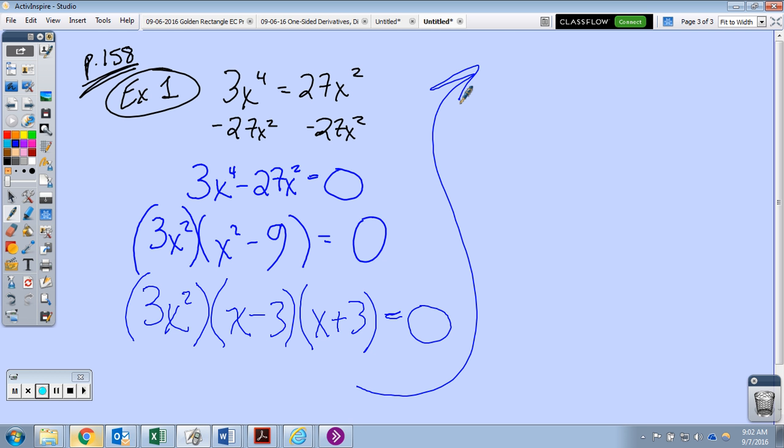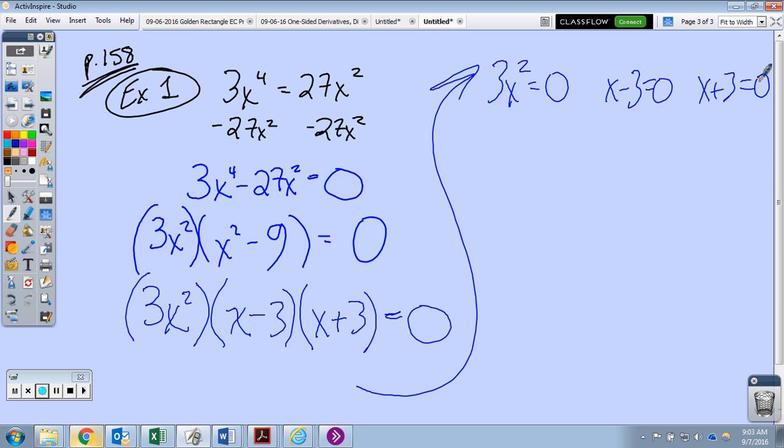These don't all have to be 0 for this to be a true statement. Only one of them does. So we can say 3x squared could be 0. We could also say that x minus 3 could be 0, or x plus 3 could be 0. They don't have to be 0 at the same time.